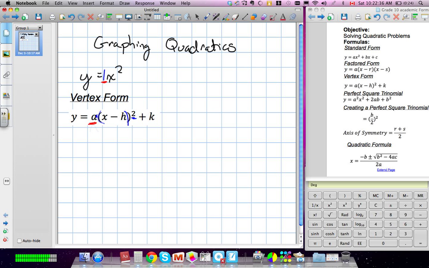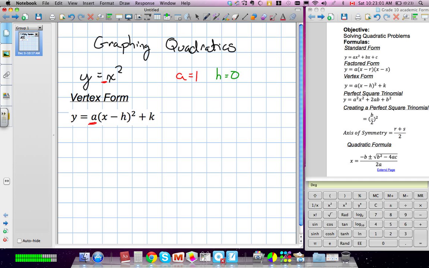So in this one, our a value is equal to 1. Now if you look, normally there's an x minus some number. Do I have anything in the brackets? Or are there even brackets in this question? No. So in this case, when we're adding or subtracting, if there's nothing there, that means our h value is 0. Okay?